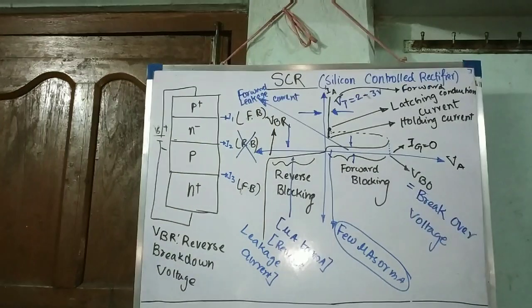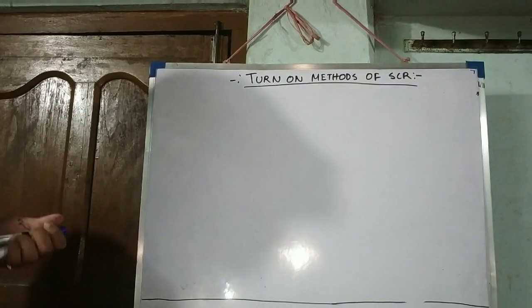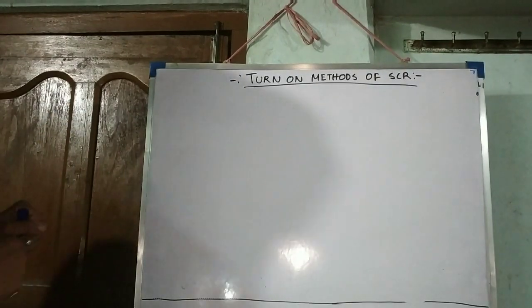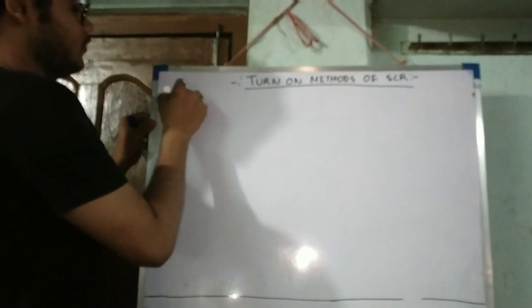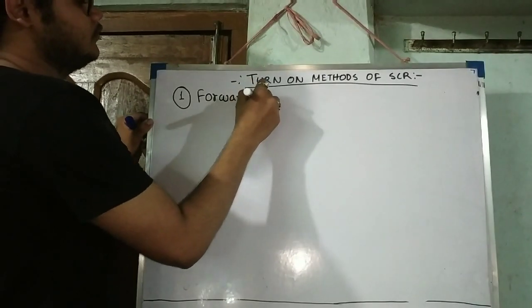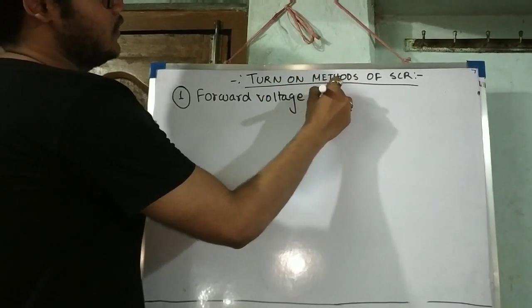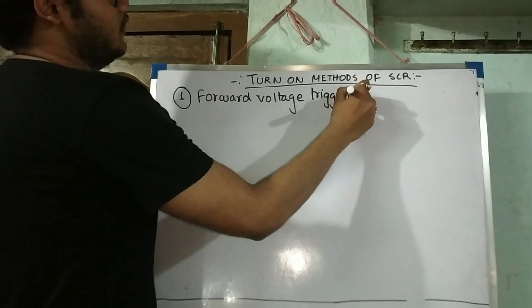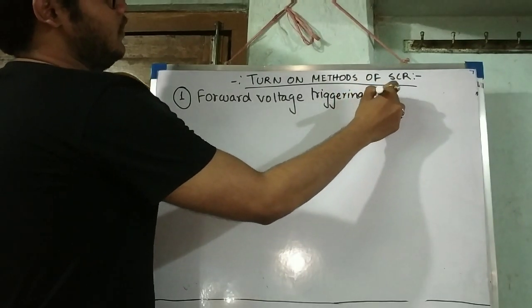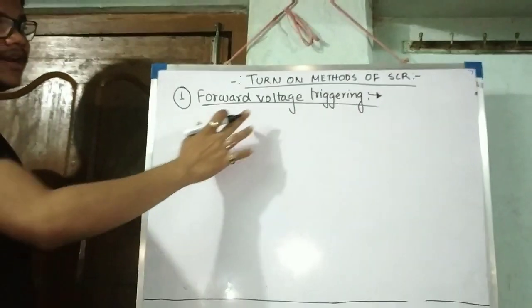Now let us see what the triggering methods, that means the turn on methods of SCR, are. The first method is your forward voltage triggering. We have already seen the forward voltage triggering, and the gate signal is not applied in this case.